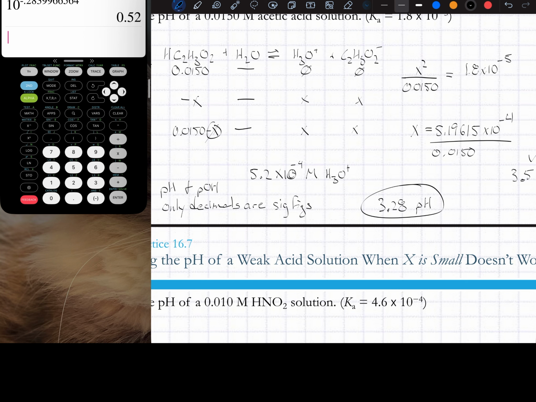The first number tells you the magnitude. I think this actually should be 10 raised to the 1 minus. Yeah, there it is.